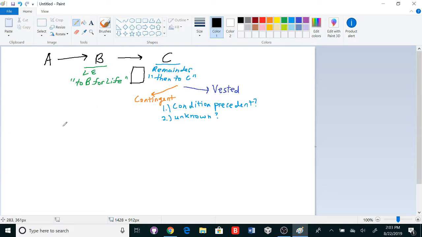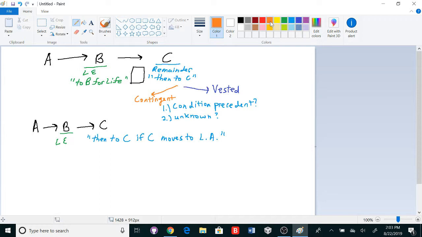But if there was language that said, let's just do this, A to B to C, and in this example I'm going to underline B in green and say LE, life estate. But I'm going to change the language: then to C if C moves to Los Angeles, let me just say LA.